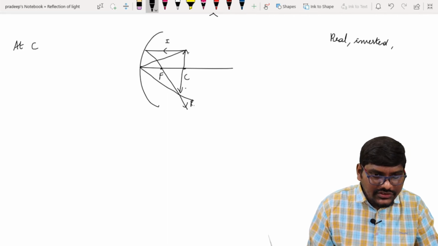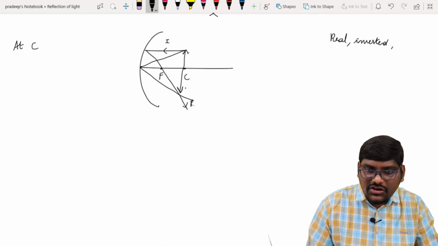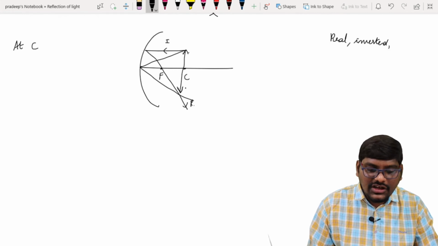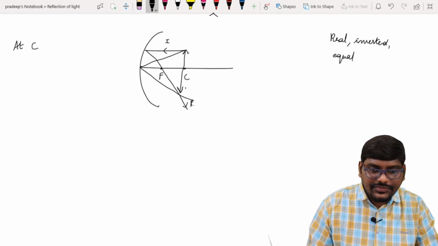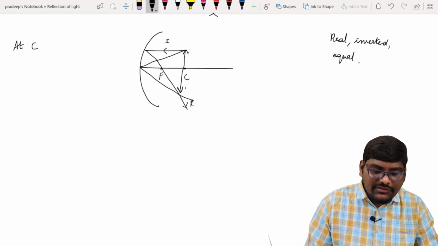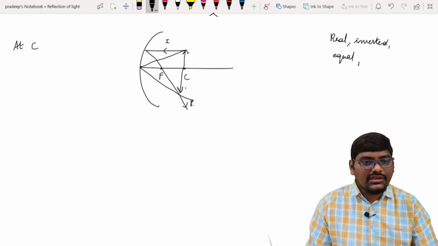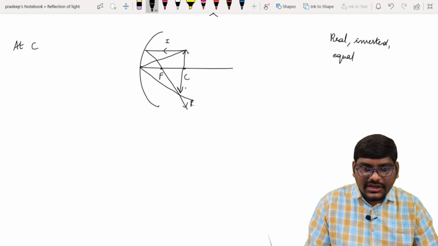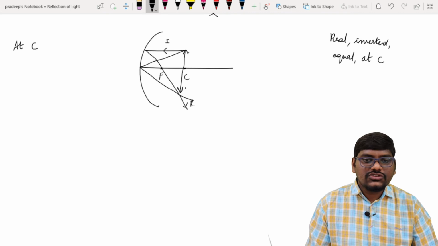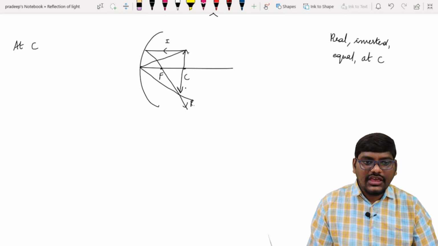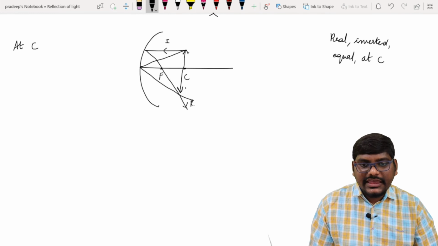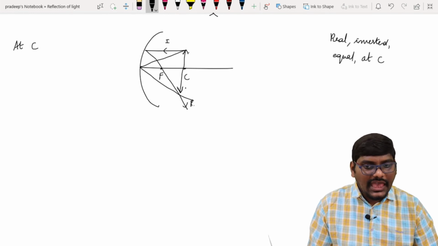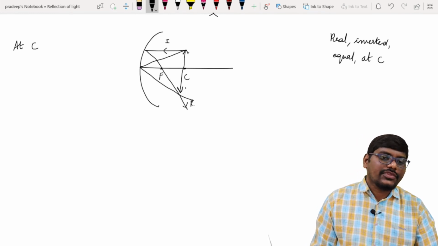If you see the size, it is not diminished, and it was not enlarged either; it was equal to the size of the object, alright? So that is equal, and it is forming exactly at C. So that is a real image, it is an inverted image, it is equal to the size of the object, and it is forming at C, right?